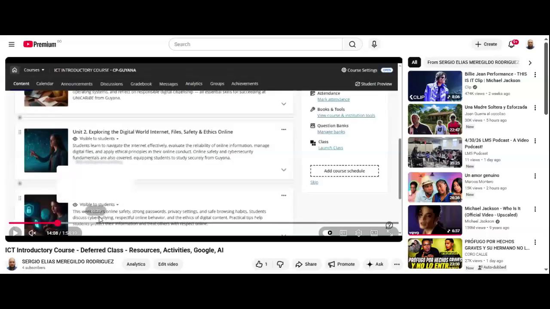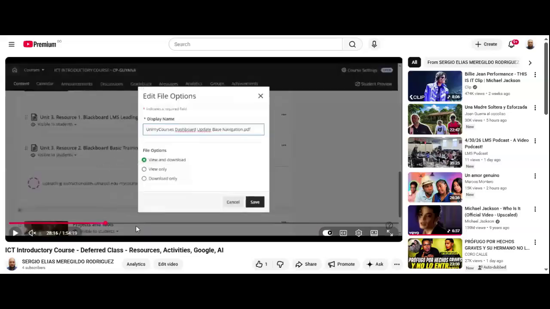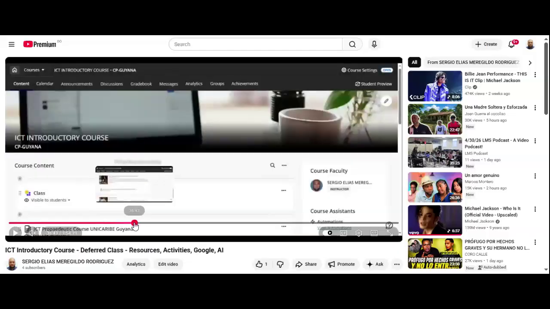So I was explaining every unit content, every unit resource. I was uploading resources for you to consult. So nowadays, if you consult any unit, you can see resources uploaded there. Also you can see different activities.